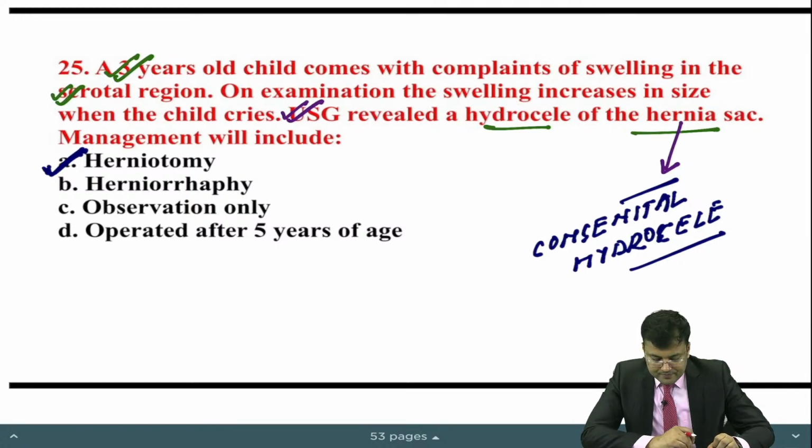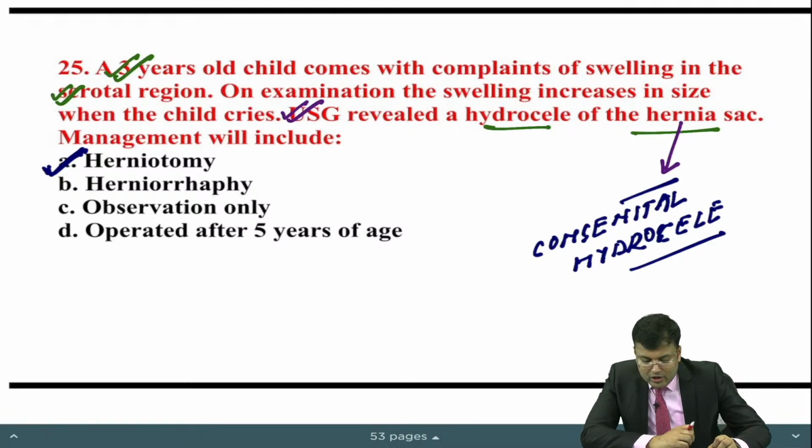Clear? So let's see. Majority of you were correct that it was hernia. Shweta Jaiswal is correct. Option A, herniotomy. Operated after 5 years of age? No, because it's hernia you have to operate. Shikalyani Reddy, you are also correct. Option A. Yes.